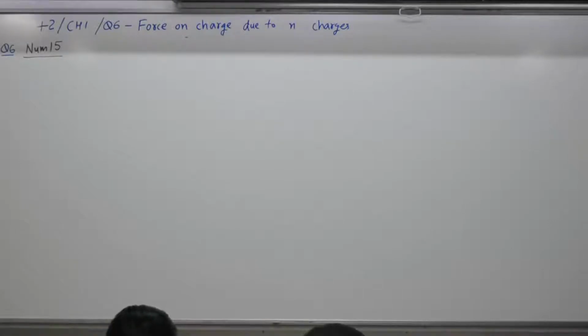The question is: two similarly and equally charged identical metal spheres A and B repel each other with a force of 2 into 10 raised to power minus 5 Newton. A third identical uncharged sphere C is touched with A and then placed at the middle point between A and B. What is the net electric force on C?